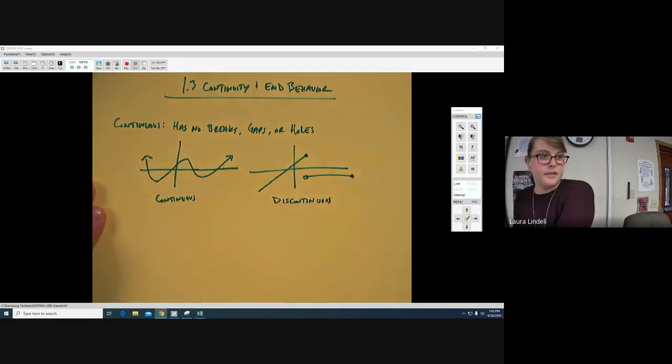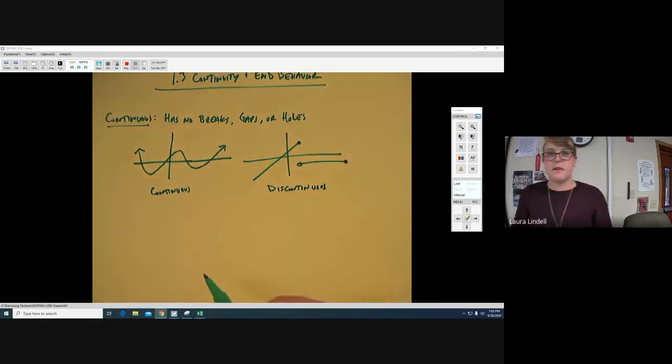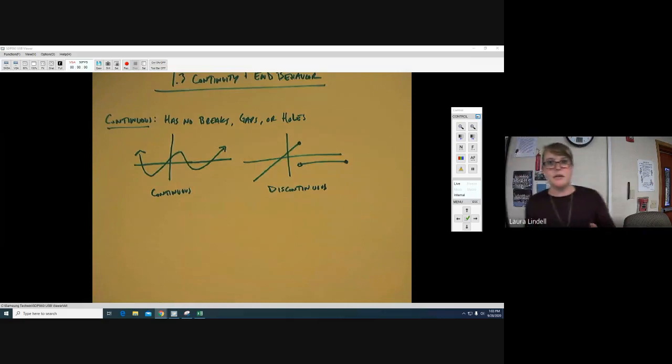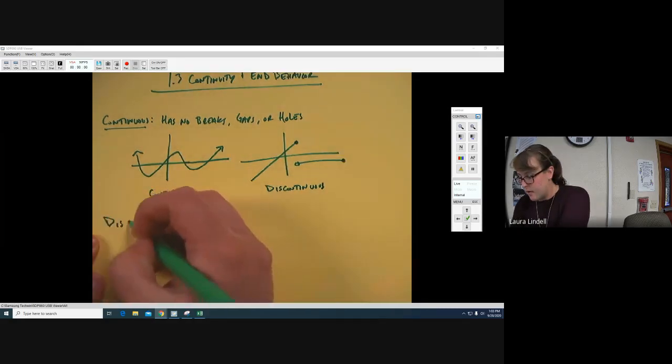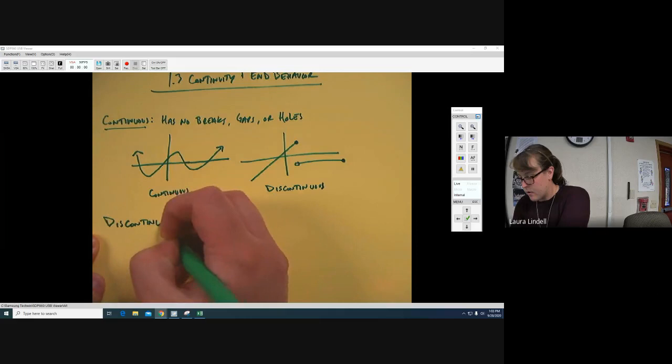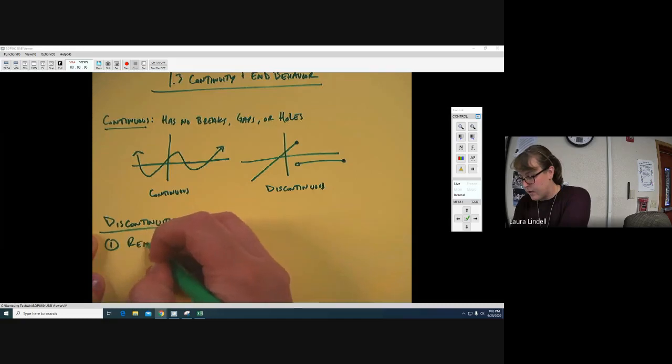So when something is not continuous, there's 3 different types of discontinuity that we are going to talk about today. So the first one is called a removable discontinuity.